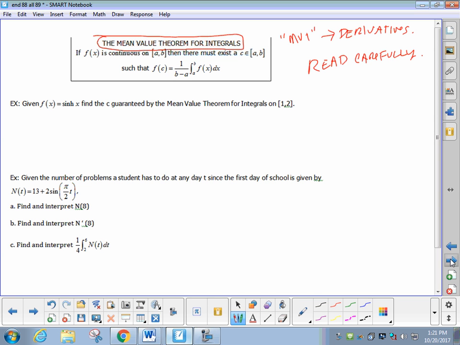You can see how it would be dangerous if you said f of x equals sinh x. Find the c guaranteed by the mean value theorem on 1 to 2. If it didn't say for integrals, then what are you going to do? Regular MVT, it's continuous and differentiable, f prime at c equals f of b minus f of a over b minus a. You're going in a totally opposite direction. But if you read it for integrals, then you say, first of all, sinh is continuous.